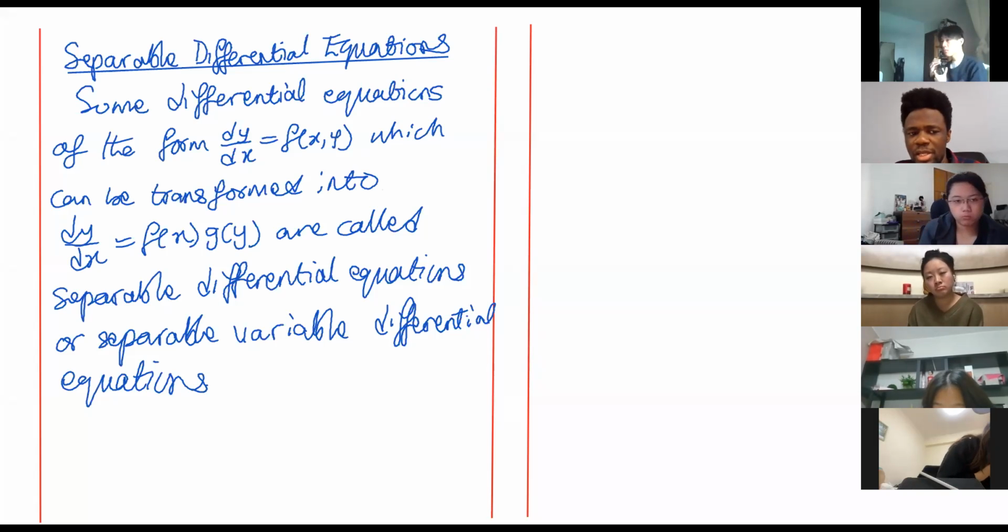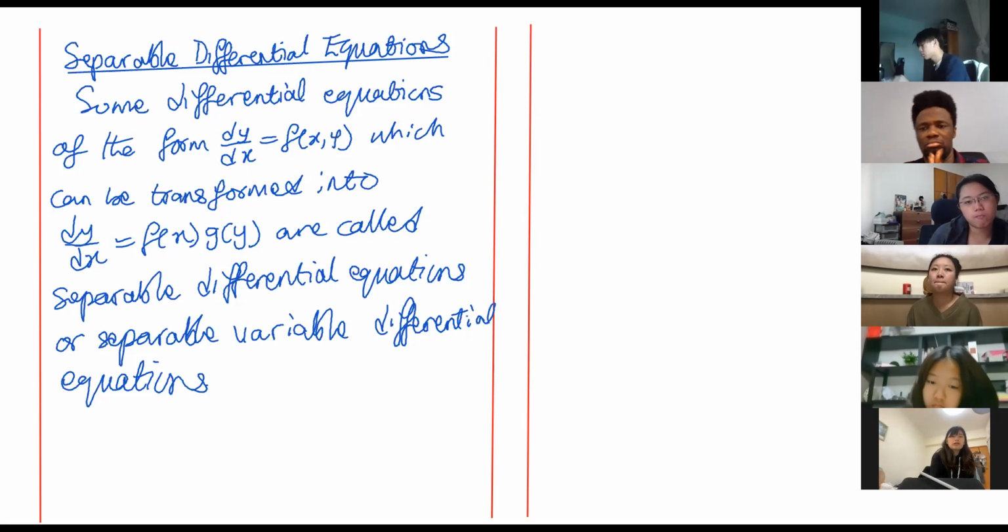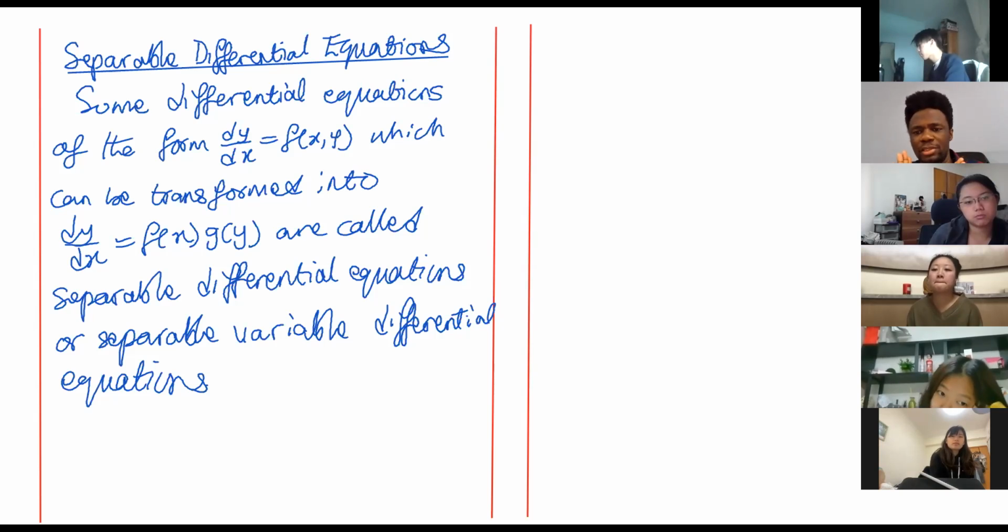In my university days where I learned this, or even my polytechnic days, we call it separable variable. In your textbook, you see separable differential equations. You can also just call it separable variable differential equation. It means differential equations that is, the variables can be separated, as the name implies. Are you listening? The variables, the two variables x and y can be separated.